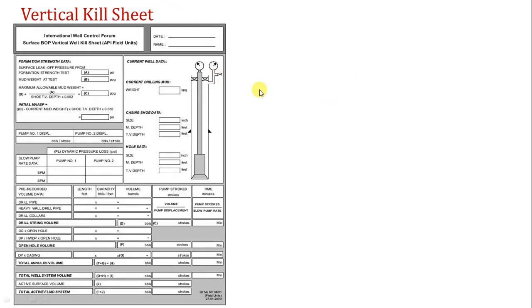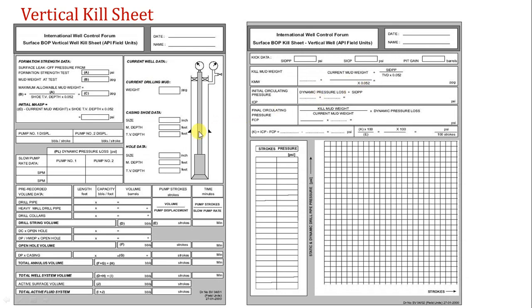The vertical sheet, or the kill sheet, as you see in the picture, is composed of two pages. Mainly, it is one paper of two pages, one on the front side and the other on the back side. So these are the sections of the kill sheet. As you see here, you put the date and the name.